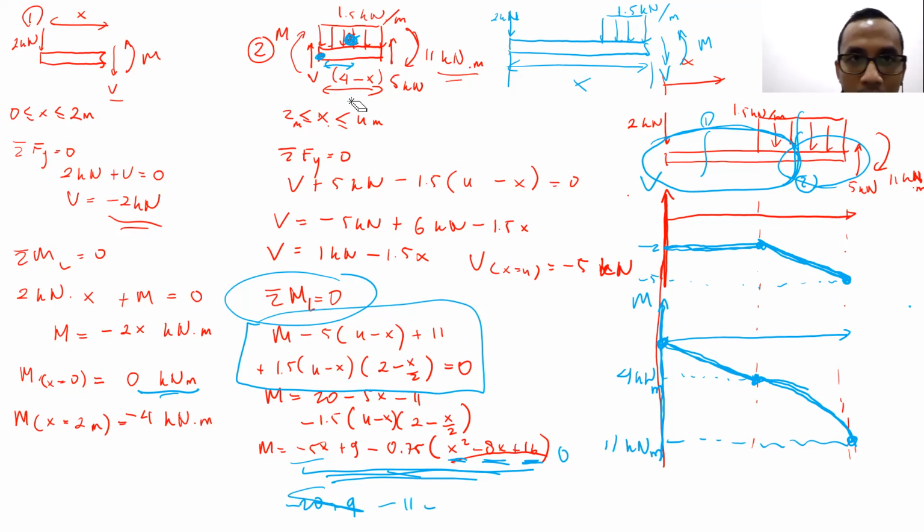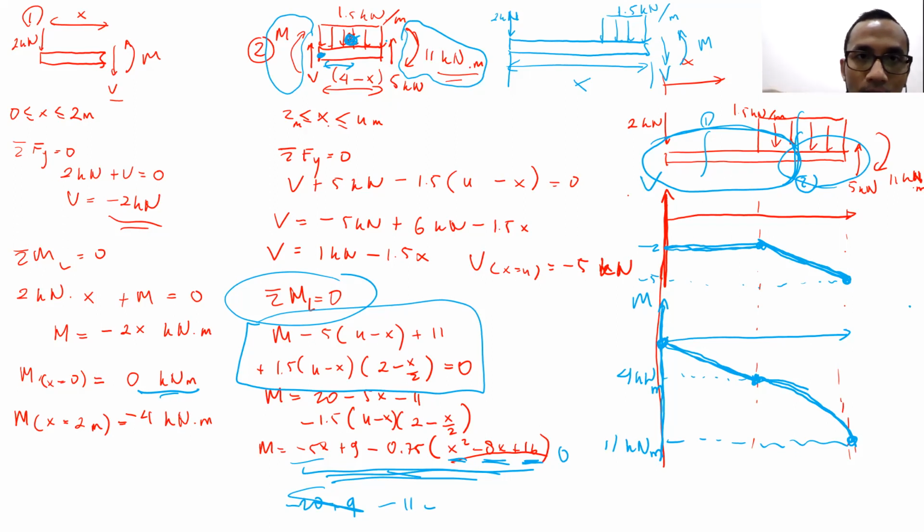Now, how to calculate the moment from this left edge? That's the question. If we want to calculate the moment from the left edge, there are several things that we're supposed to consider. This is the first one, M. This is the second one, the 11 kilonewton meter moment.